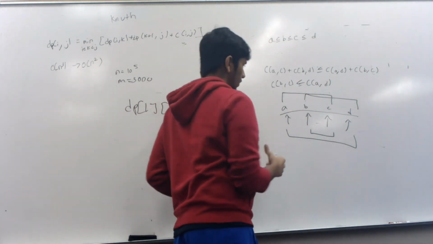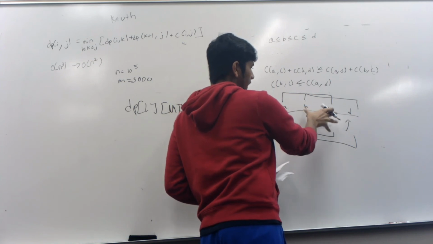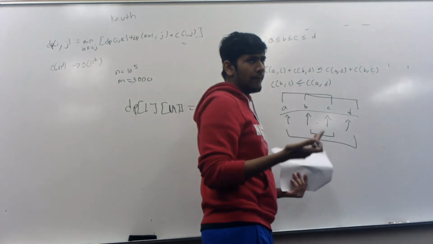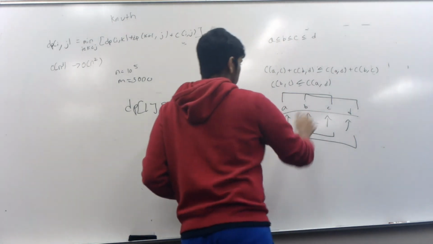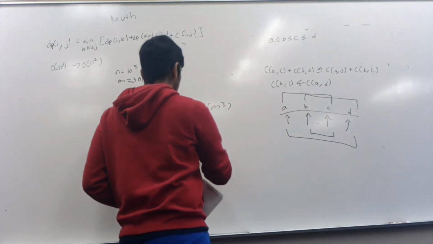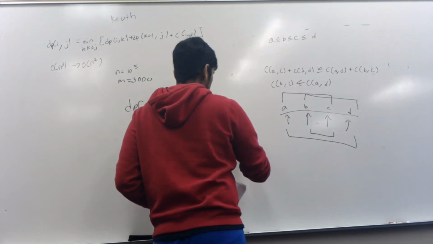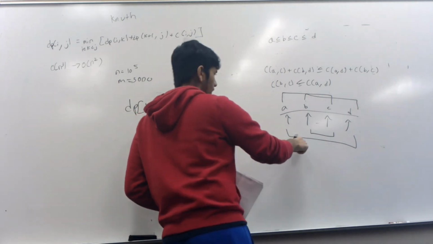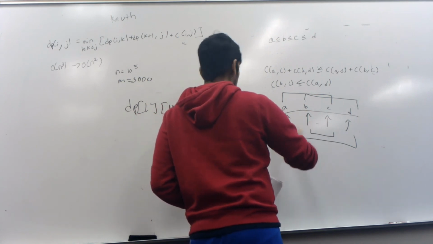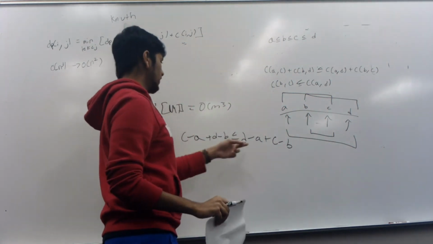So we can just do the math, right? The cost for the range A to C will be C minus A. So if we translate into its actual mathematical cost, we get C minus A plus D minus B less than or equal to D minus A plus C minus B. Does this condition hold?